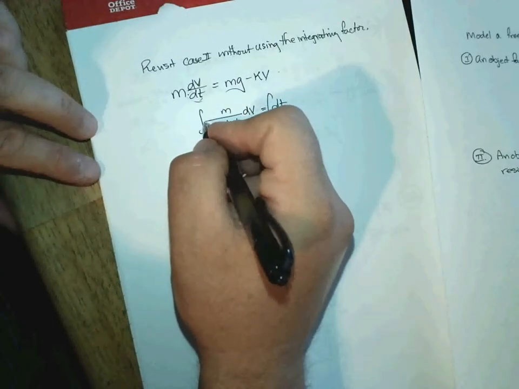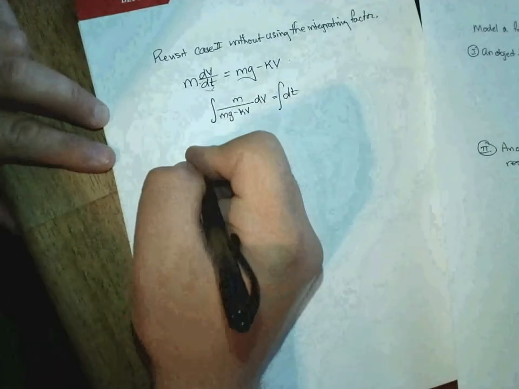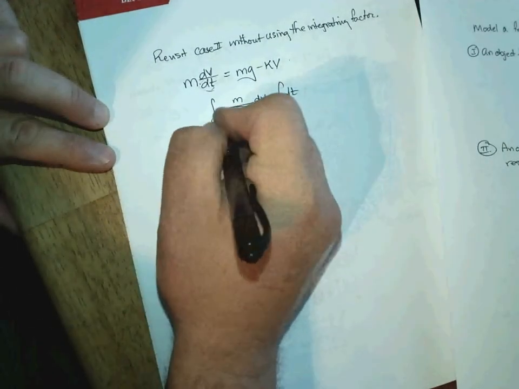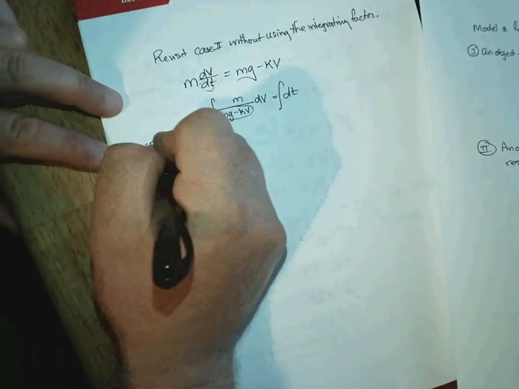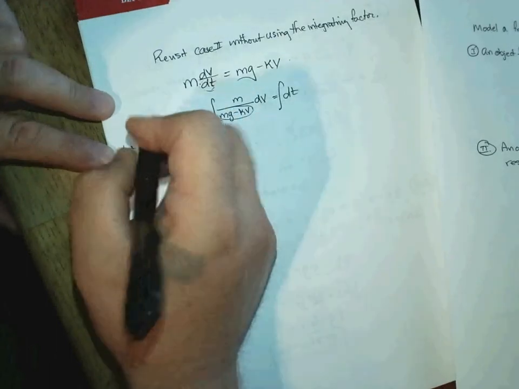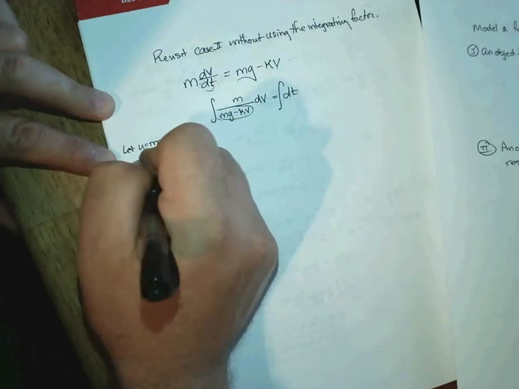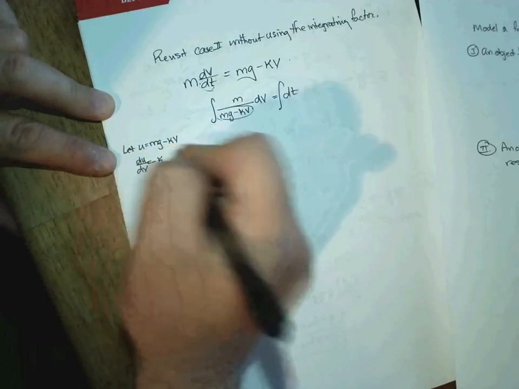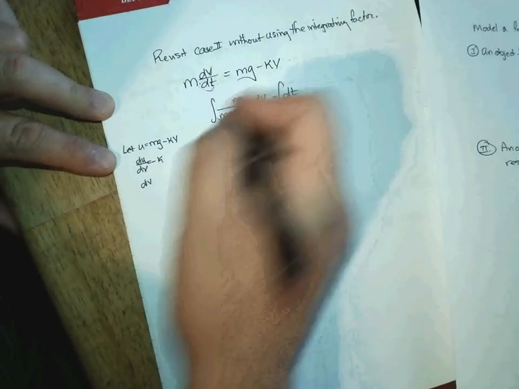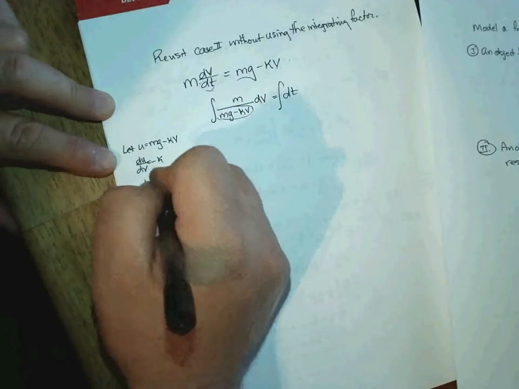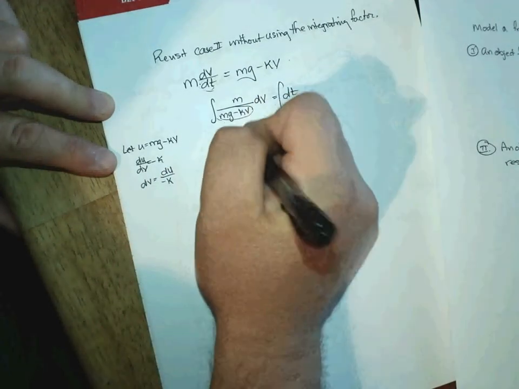So how do we integrate this thing right here? Simple u substitution. You're going to let u equal this denominator. m and g are constants, k is a constant, v is your variable. Differentiate u with respect to v, you get negative k. So solve for dv, because that's what you're going to have to replace here in terms of du. dv is going to be du over negative k.